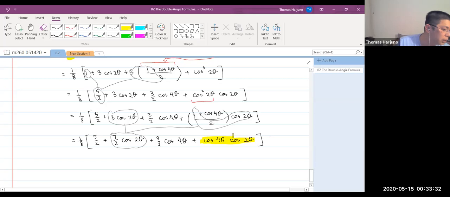I know it sounds not really fair that we borrow from the next section, but if you have your book open, on page 595, on the top box, we see the product to sum.